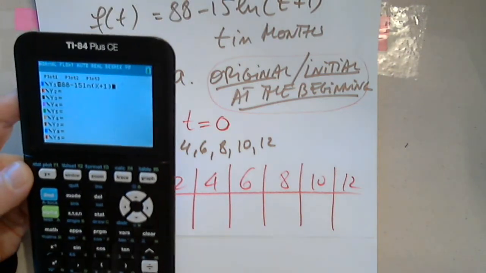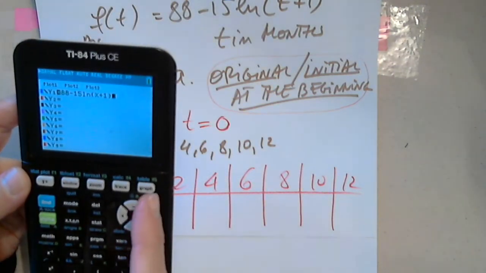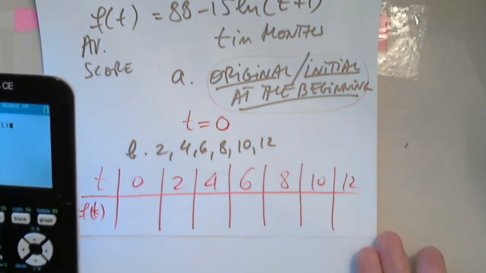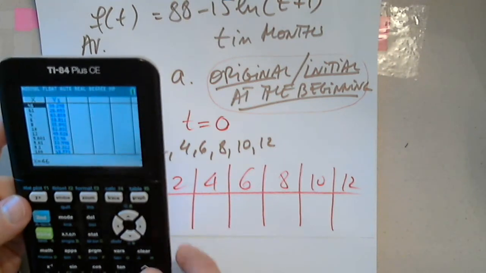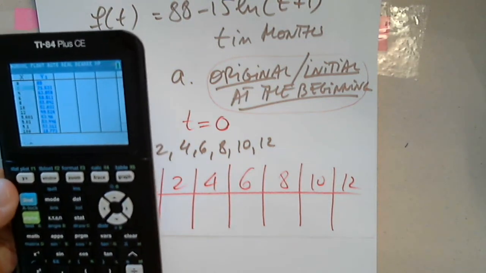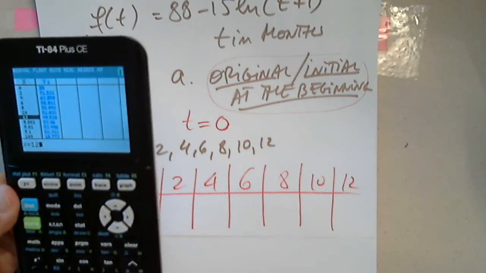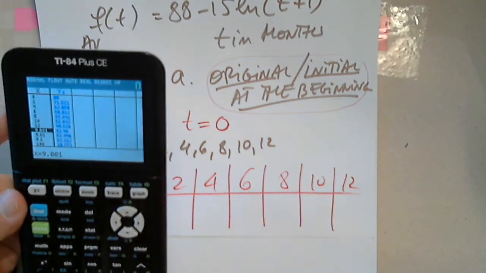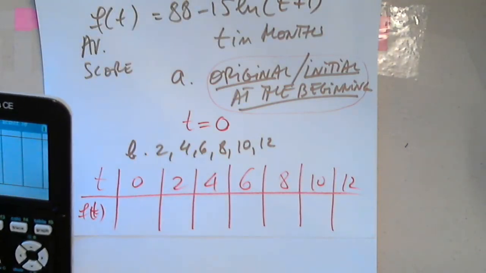After I punch in the function, I go to second and table and plug these in one after the other, sequentially. So I have 0, 2, 4, 6, 8, 10, and 12.